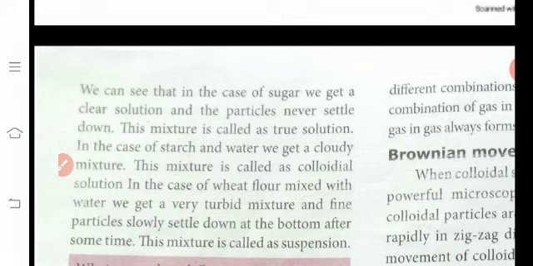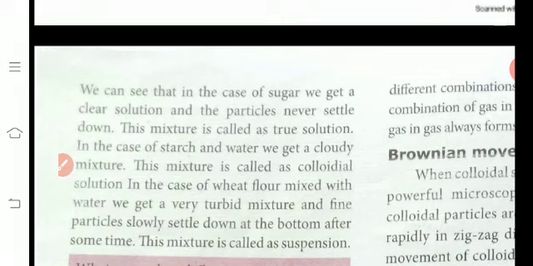The solution will be clear and never settles down as precipitate. This mixture is called a true solution. In the case of starch and water, we get a cloudy mixture. This mixture is called a colloidal solution.